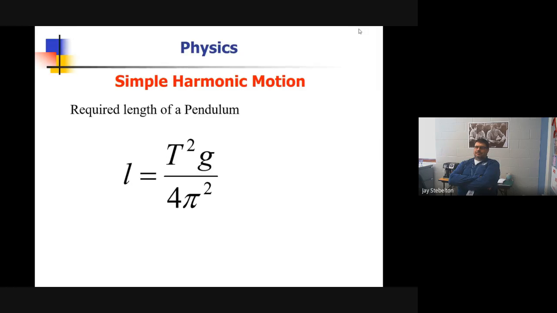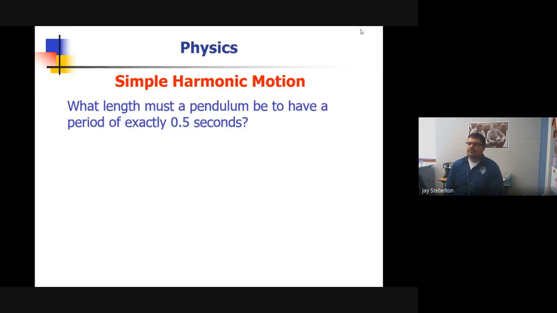Well, you know me. Let's take this out for a test spin, see what happens. Whenever I have a physics problem, the first thing I have to do is read it. What length must a pendulum be to have a period of exactly 0.5 seconds? That means tick tock, tick tock. It will make 2 swings out and back in 1 second. Oh, we're talking about a cuckoo clock.